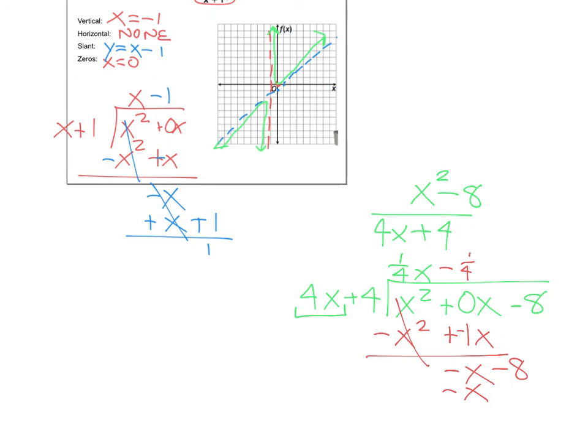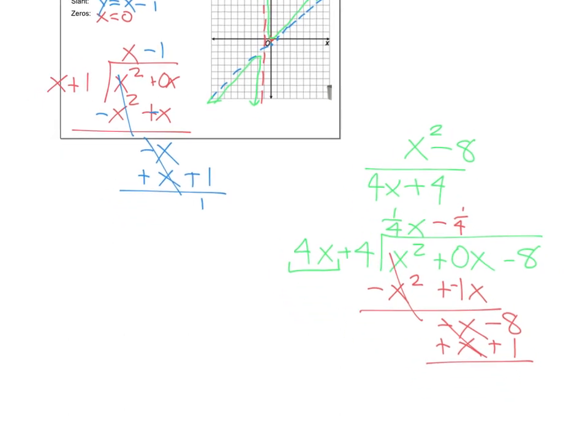And then negative 1/4 times 4 would give me a negative 1. I'm going to switch those signs, so those would cancel. That would leave me with a negative 7, which would be my remainder. But this would be the only equation that I would be concerned about. So just know that sometimes you will have to utilize fractions when you're doing this polynomial long division.